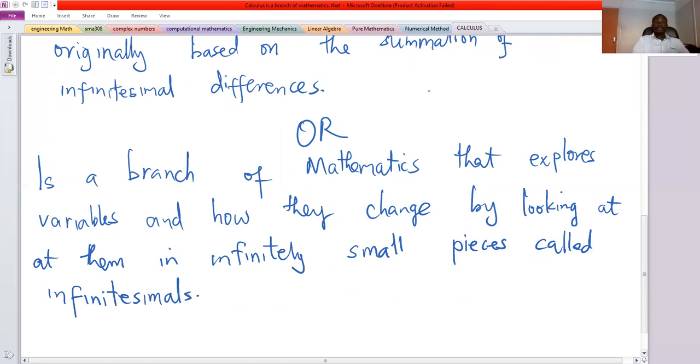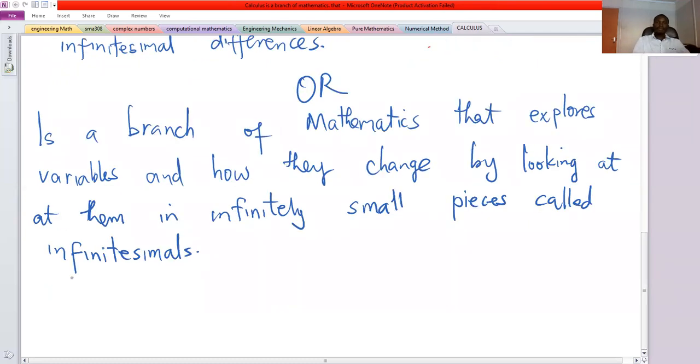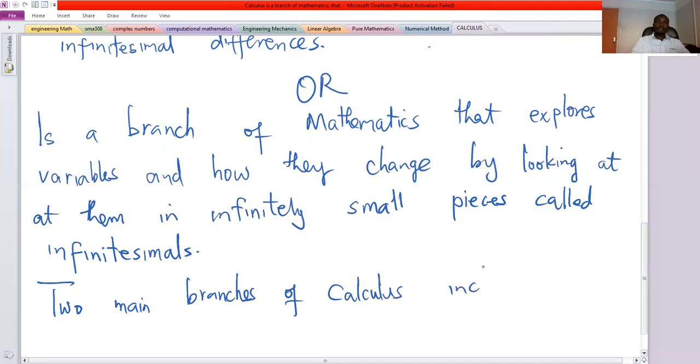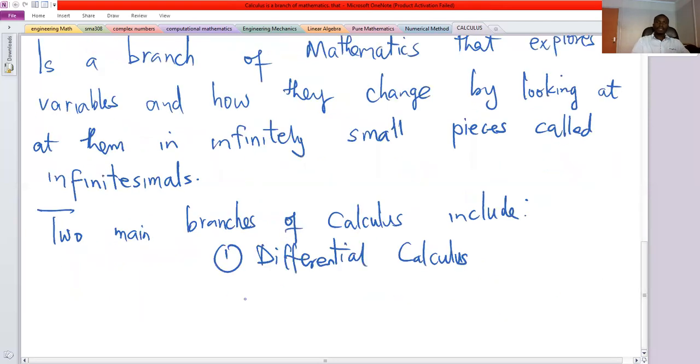There are two main branches of calculus. One is differential calculus and two, integral calculus.